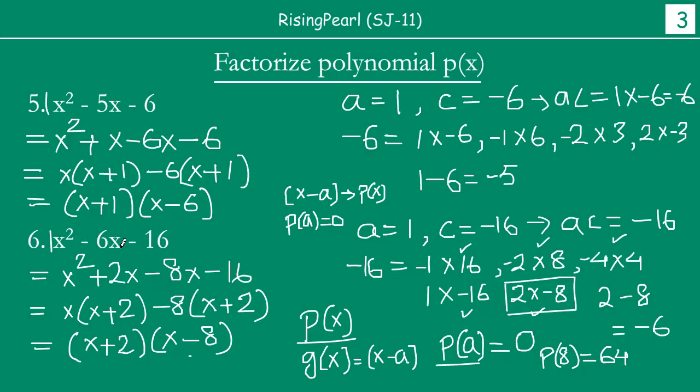Then 6 times 8 is 48, minus 48. And then you have minus 16. अगर आप इसे solve करते हो, you will see that minus 48 and minus 16 is actually minus 64. So you have 64 minus 64, which is equal to 0. So इसका मतलब यह हुआ दोस्तों कि this is indeed a correct factor.